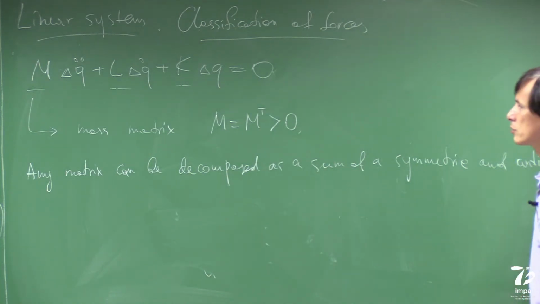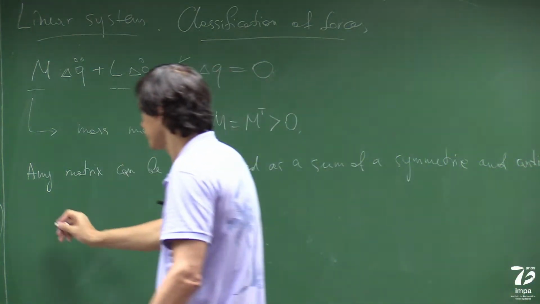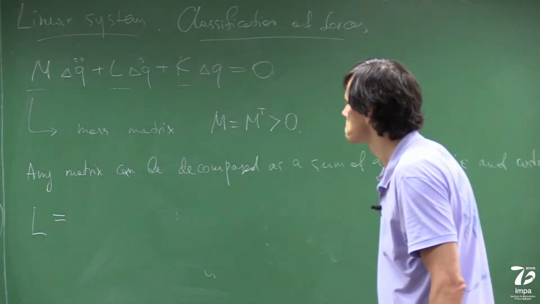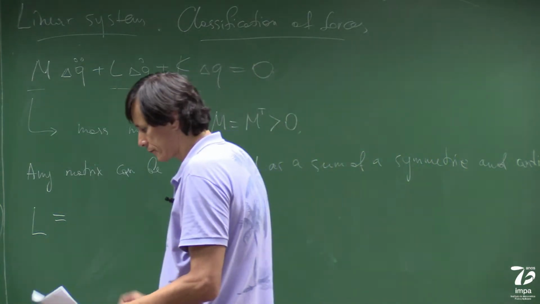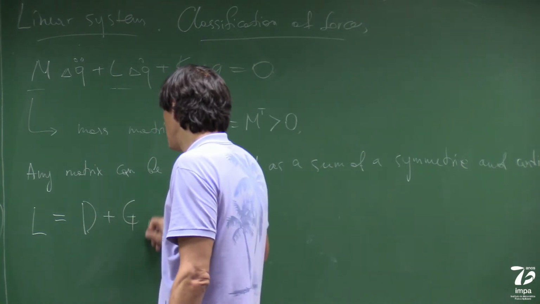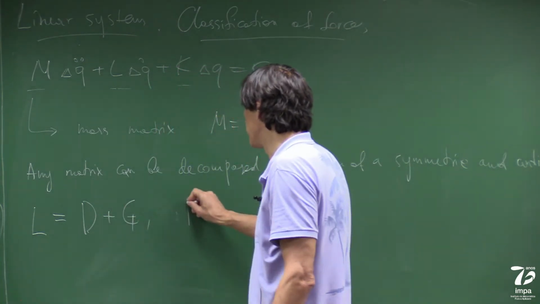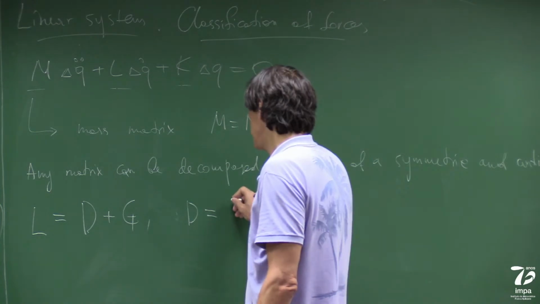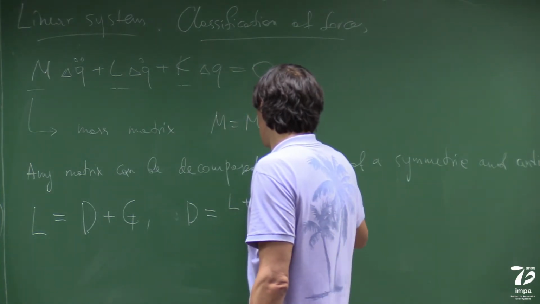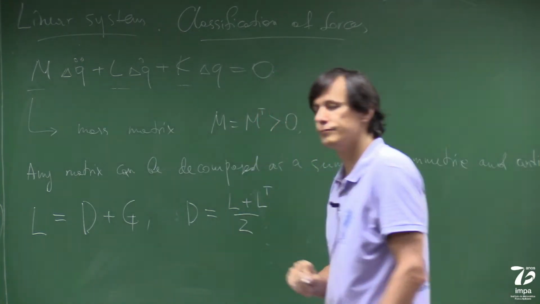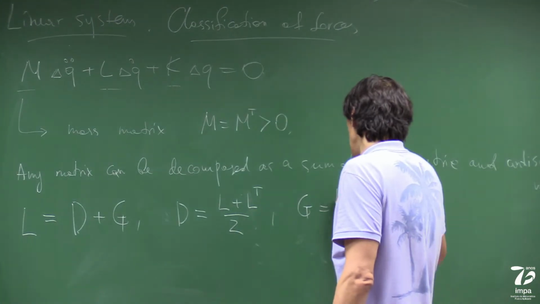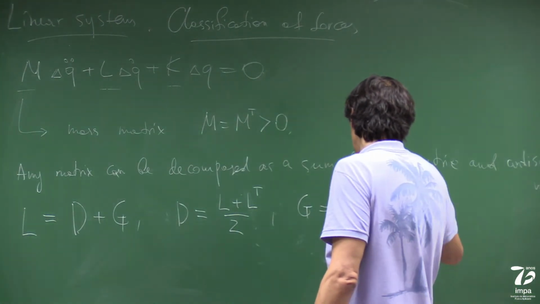So how do you do it? Let's do it for matrix L. Matrix L you can write as a sum of a symmetric matrix plus an antisymmetric matrix, and you can just write a formula for this. D is L plus L transposed over 2, and G is L minus L transposed over 2.